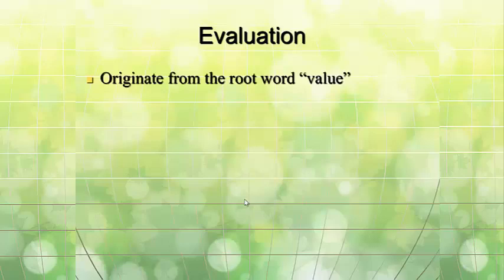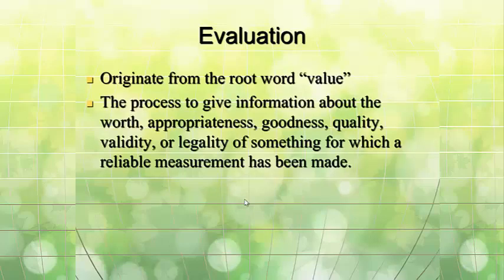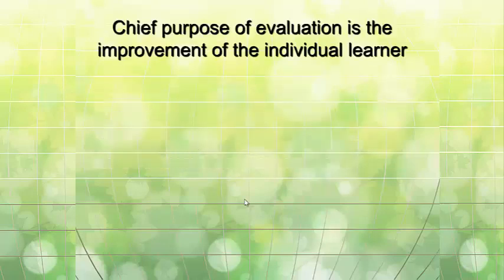Evaluation originates from the root word value. The process is to give information about the worth, appropriateness, goodness, quality, validity, or legality of something for which a reliable measure has been made. The chief purpose of evaluation is the improvement of the individual learner.